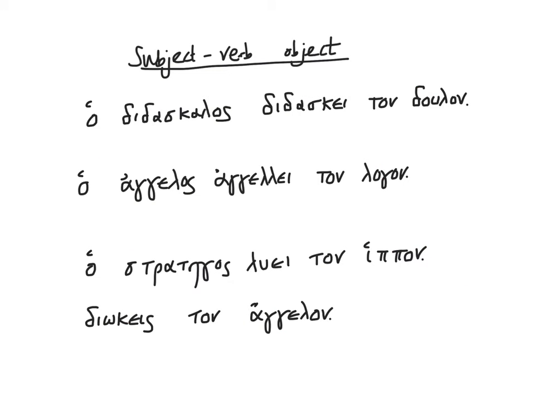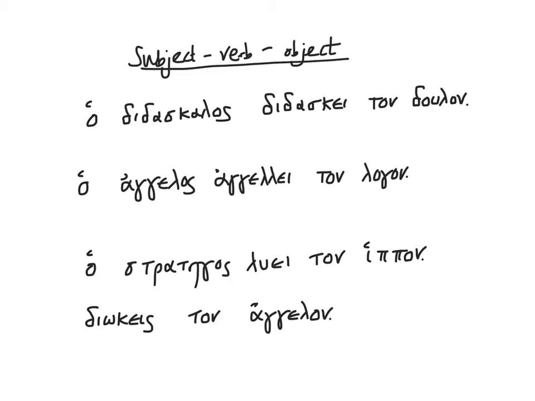Now the grammar's going to get a little bit more sophisticated as our sentences become longer, and we will have three elements in each sentence: a subject, somebody who is doing the action, a verb, the action itself, and an object, another noun, who's on the receiving end of the action. Each sentence follows the same pattern.